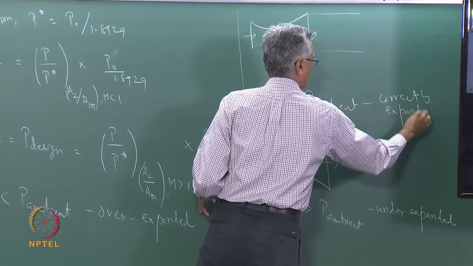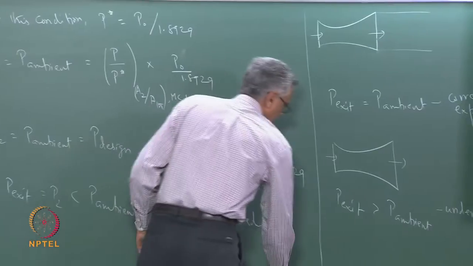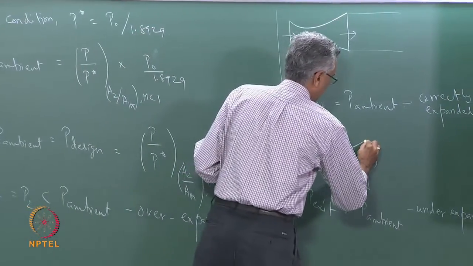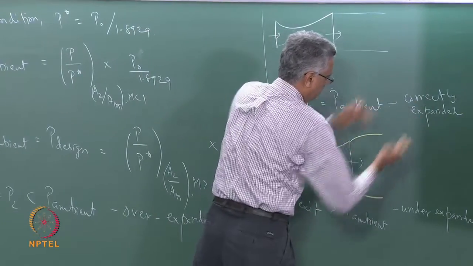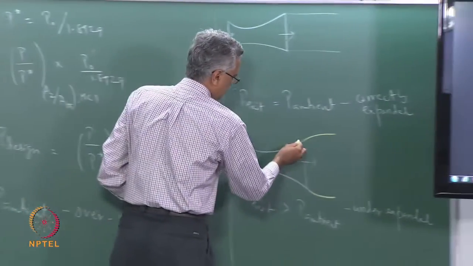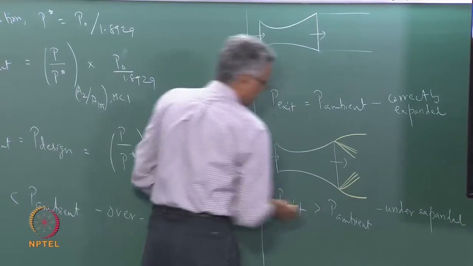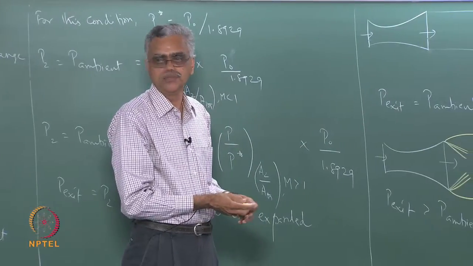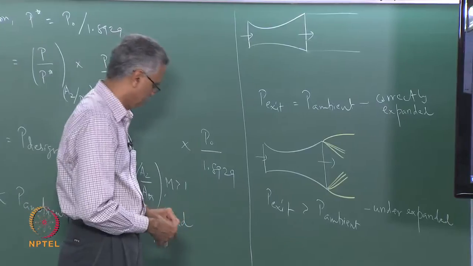So if this happens, as we said earlier, the jet swells when it comes out. It initially swells like this, and then it will equilibrate and keep going like that. Normally what happens is you get a sequence of expansion fans here, which expands the flow as it comes out and then tries to equilibrate it with the ambient. That is why the diameter of the jet becomes larger than the exit diameter.